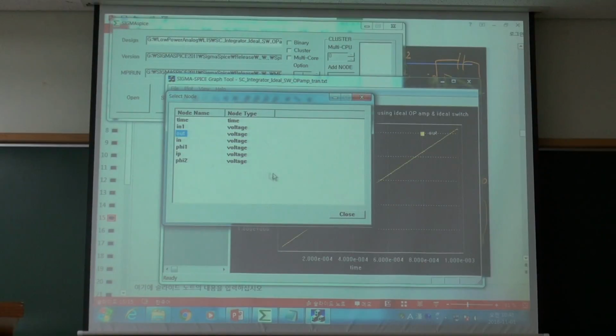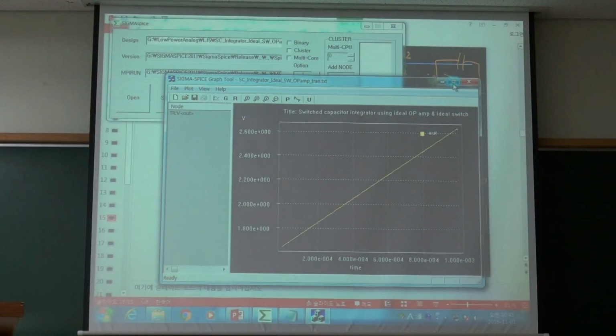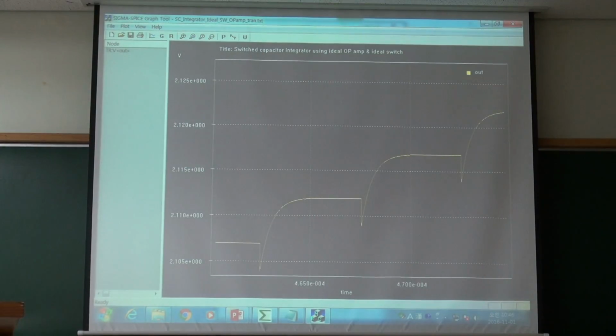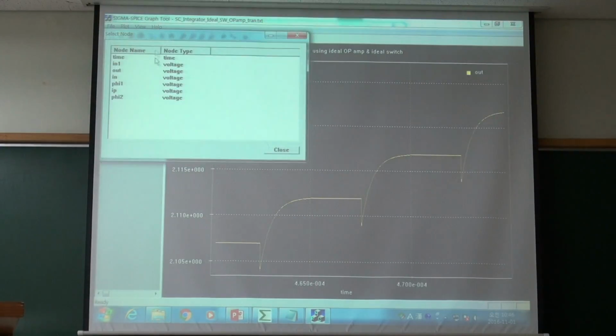So my output. Yeah, so it works fine, right? Oh, I am using DC input. So if you expand this one, if you put a clock here phi 2, somehow it doesn't work.